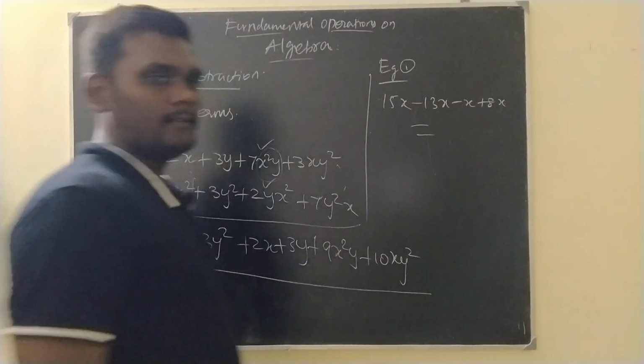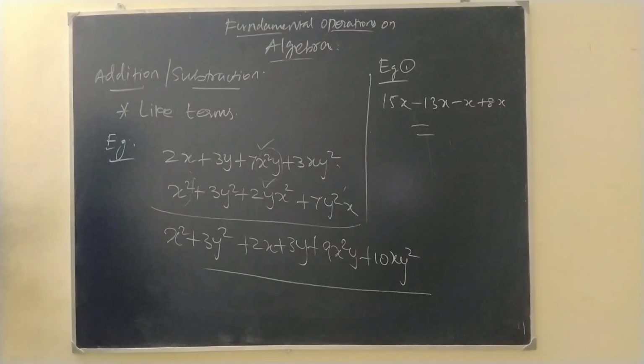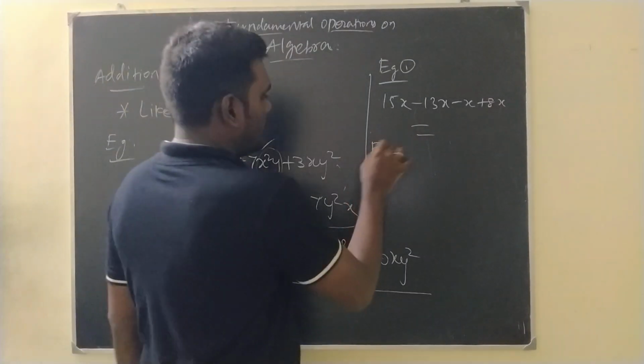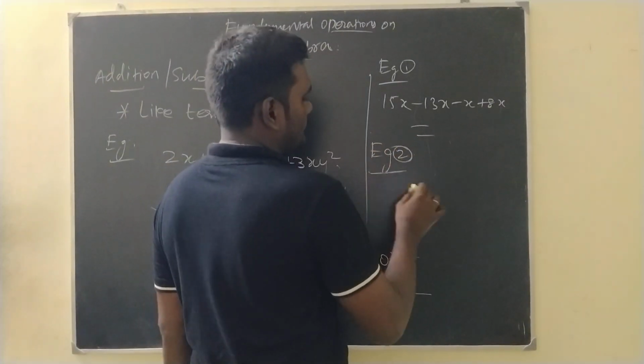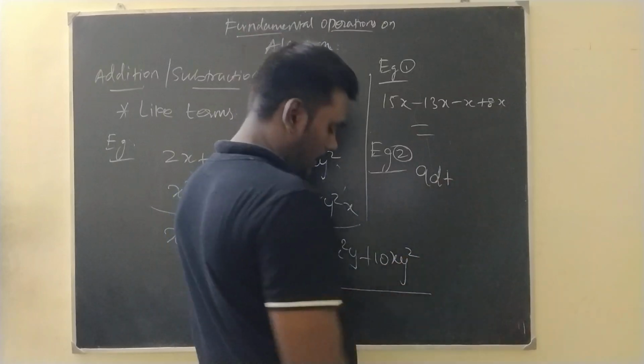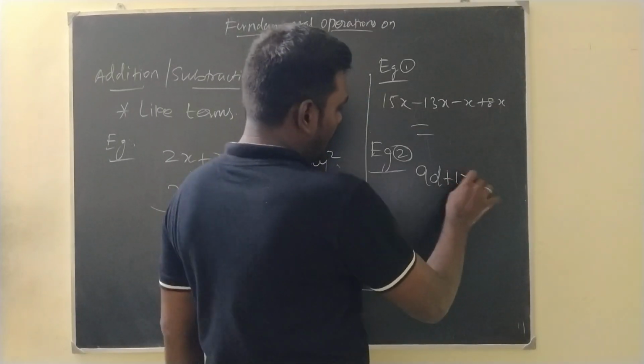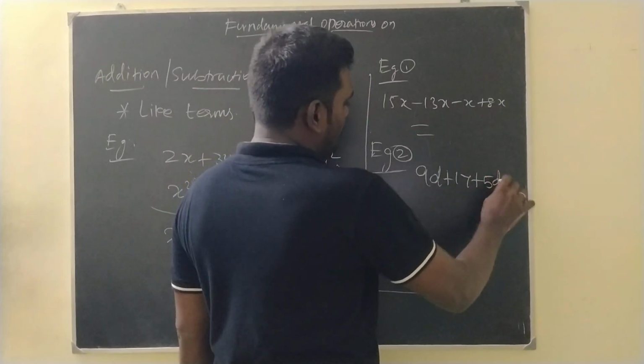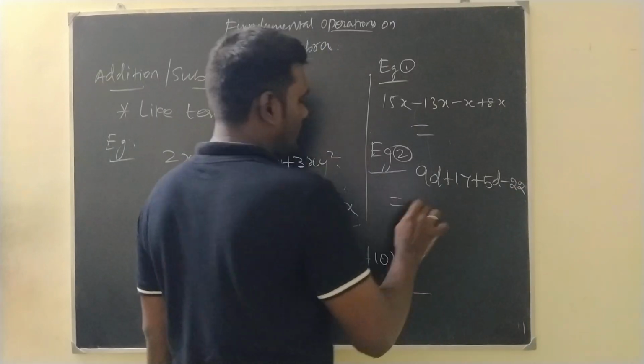What is your answer? How can this be added or subtracted? And the next one, 9d plus 17 plus 5d minus 22. How can we add this?